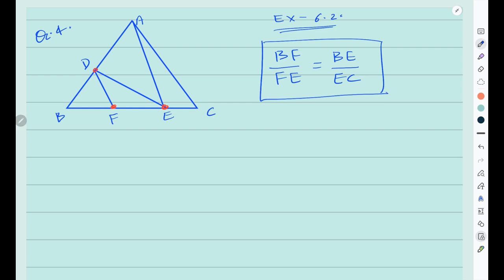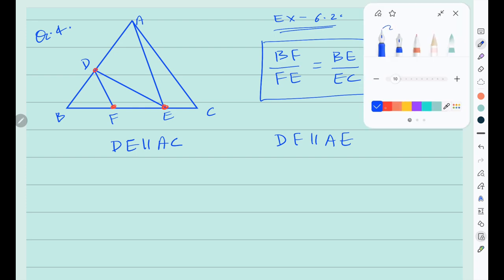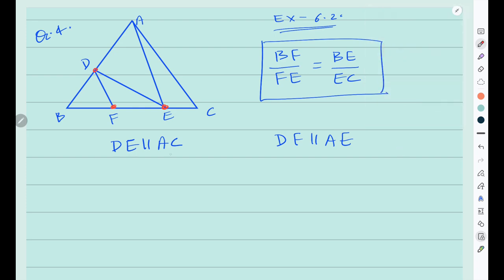First of all, I have drawn the figure, which I just want to clarify a little bit. What is given is that DE is parallel to AC, and it's also given that DF is parallel to AE. Let us see what it means in the figure.